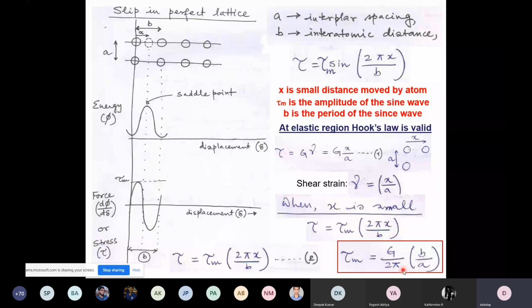You have a slip plane. You know which plane is the slip plane: the 111 plane in FCC is the slip plane, and the 110 direction is the slip direction.